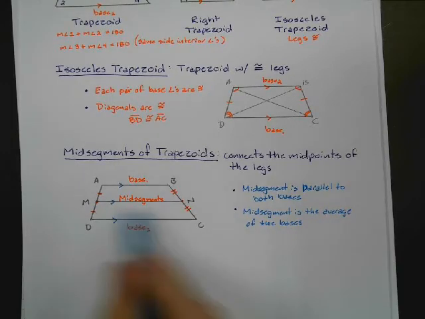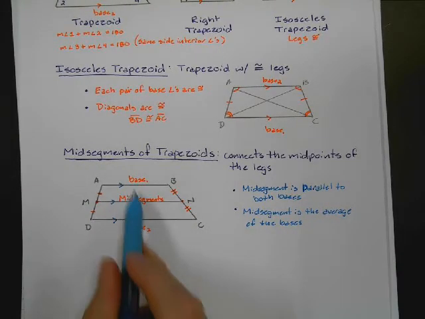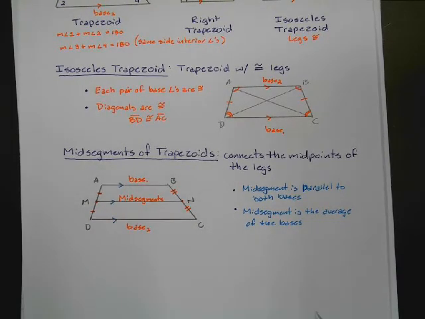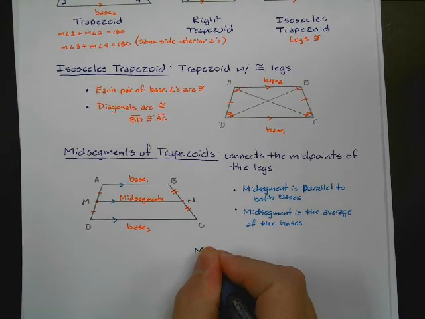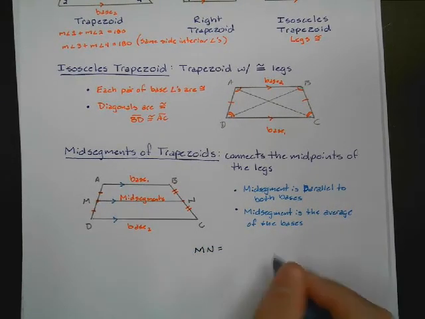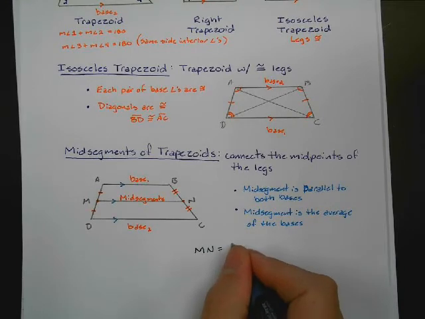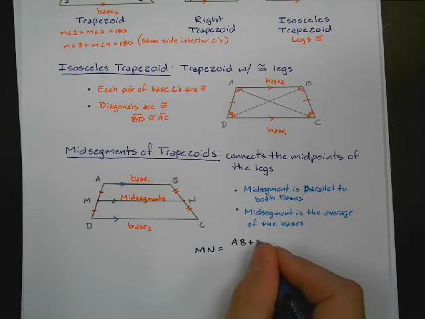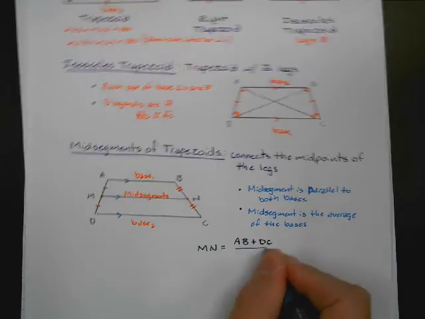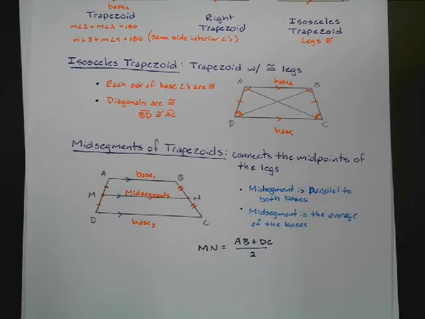Meaning that this length is halfway in between these two. So how do I find the average of something? Well, what I would do is I'd just say, okay, so the midsegment, MN, it has to be AB plus DC divided by 2. That's the average, right?